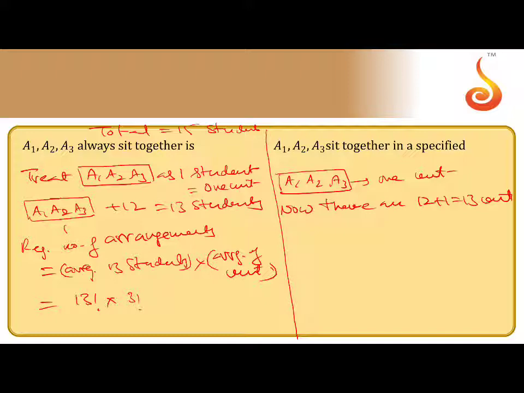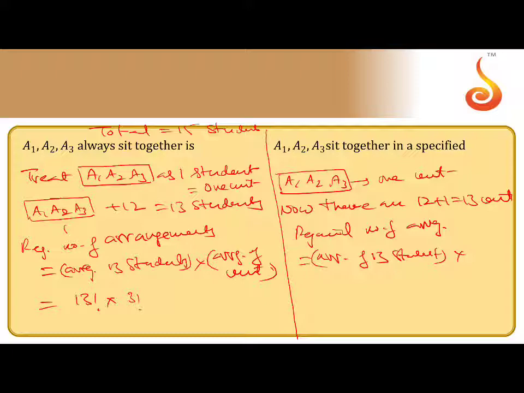Here there is no need to arrange A1, A2, A3 among themselves because they must be seated together in a specified order. So the required number of arrangements equals the arrangement of 13 units, with A1, A2, A3 in a specified order.